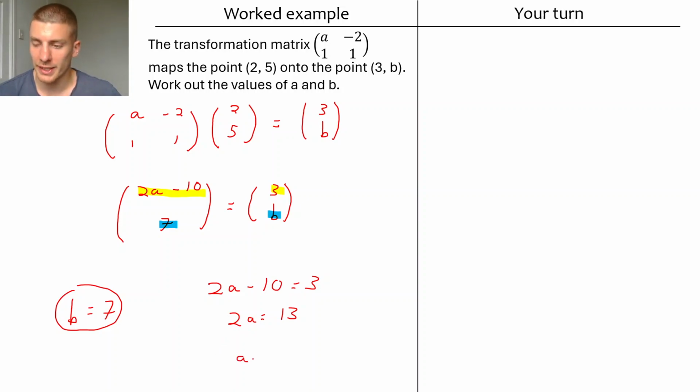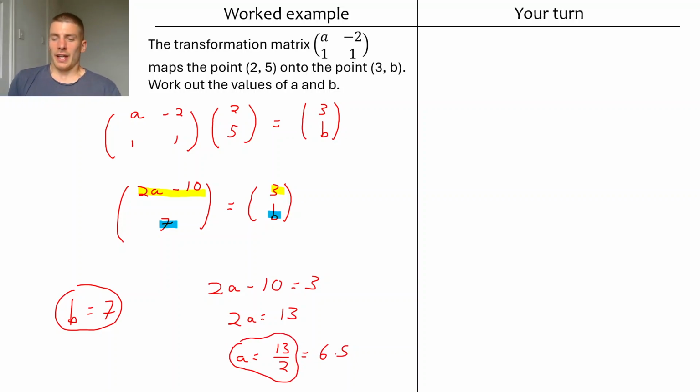Or you could just write a is equal to 13 divided by 2. Personally, I would keep it as a fraction, but you could also write it as 6.5. Either is absolutely fine. So that's it: a is 6.5 or 13 over 2, and b is equal to 7.